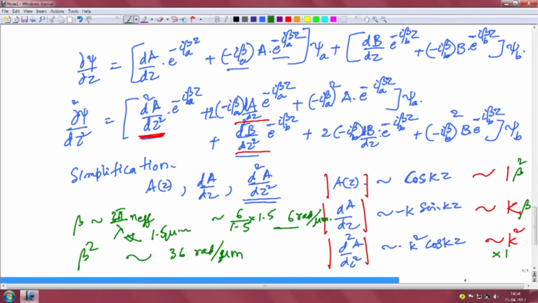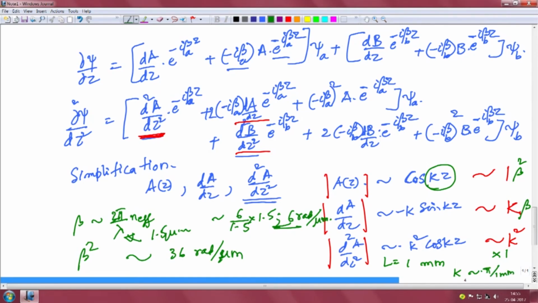This is multiplied by the value of k. Let us assume that the interaction lengths are of the order of a millimeter. Suppose I have L of 1 millimeter. So k into L, the periodicity, is typically pi, so we take pi by 1 millimeter.